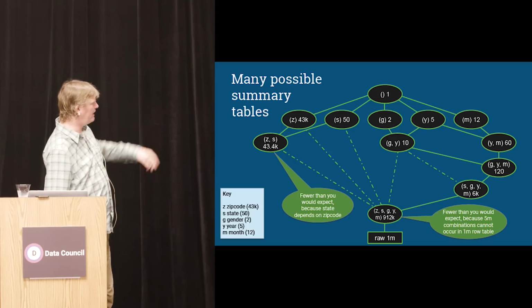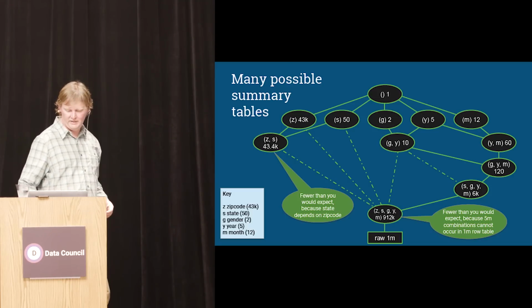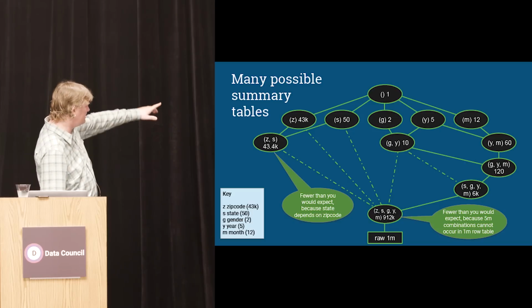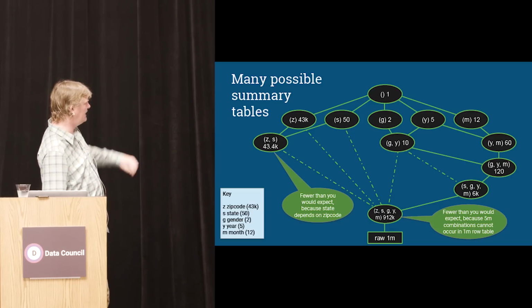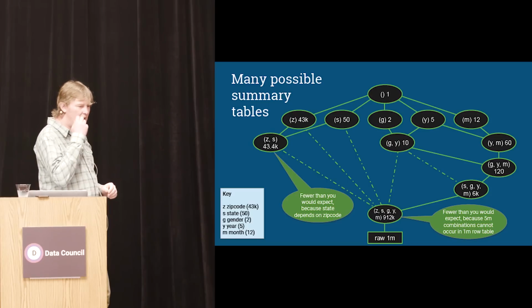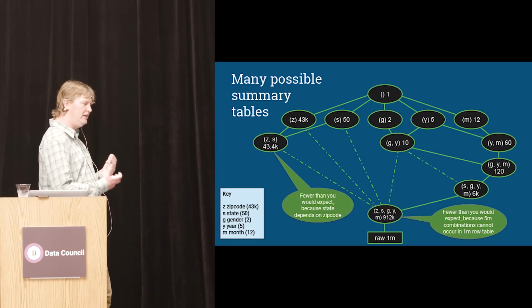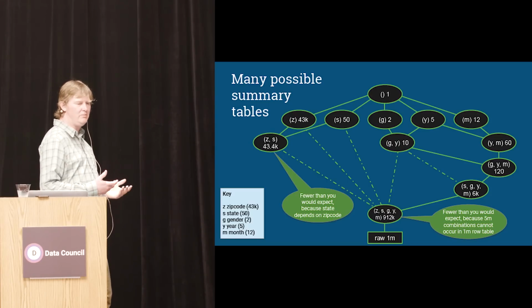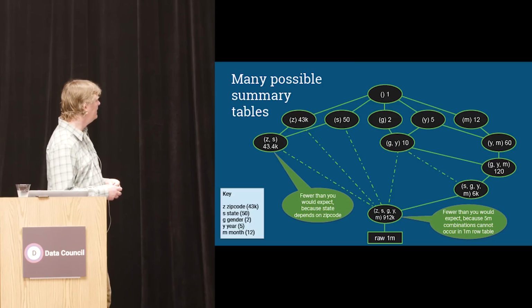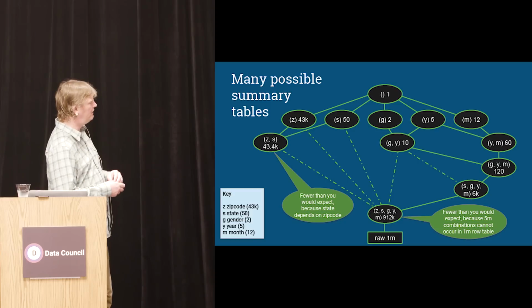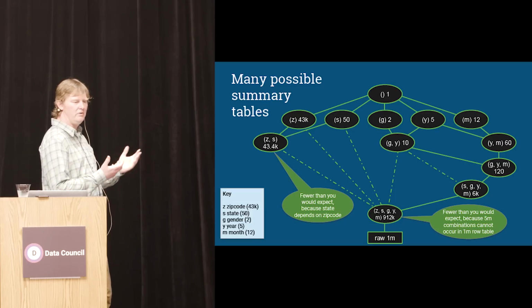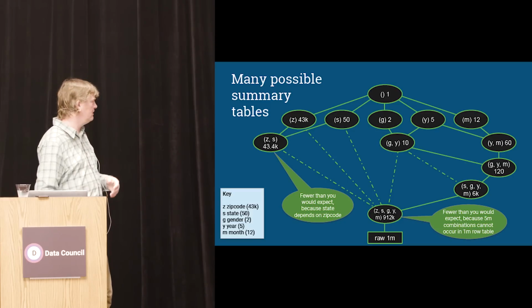And the numbers here are estimates of the number of rows that are going to be in these things. Zip code and state has fewer combinations than you'd expect because they're correlated. Almost all zip codes don't cross a state boundary. Whereas year and month are completely uncorrelated, so the number is multiplying the two cardinalities together.